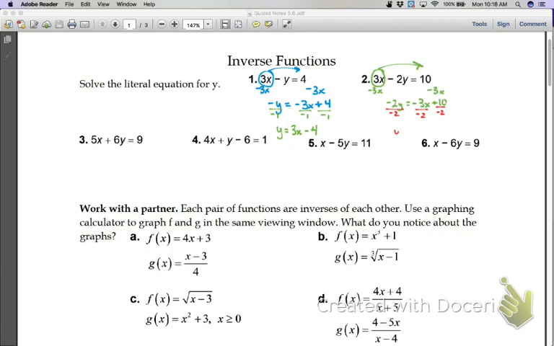So I'm going to have y equals, and leave everything as an improper fraction. Negative 3x over negative 2 reduces to 3 over 2 x. Now I can divide positive 10 by negative 2 and get a negative 5. All you're doing with any of these is solving for y. You're isolating the y variable, getting everything else over to the other side, and solving from there.